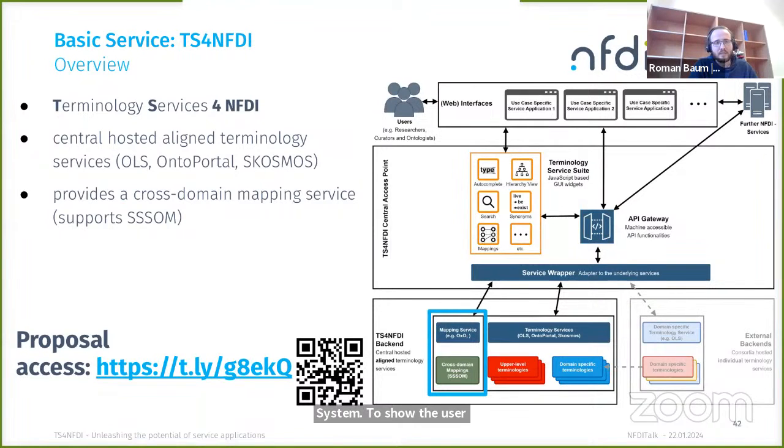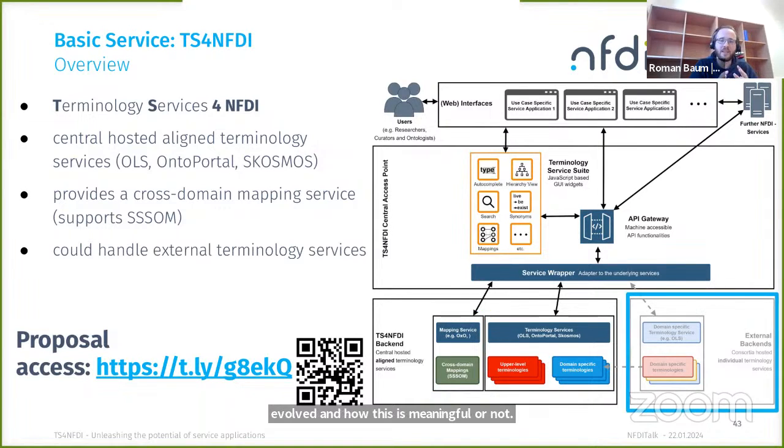That is the idea behind SESM, that you will get some criteria on how a mapping evolved and how meaningful it is. But nevertheless, what you also see, a little bit in gray here, is that our service could handle external terminology services, which are based on the 3 different systems, OLS, Ontoportal, and Cosmos.